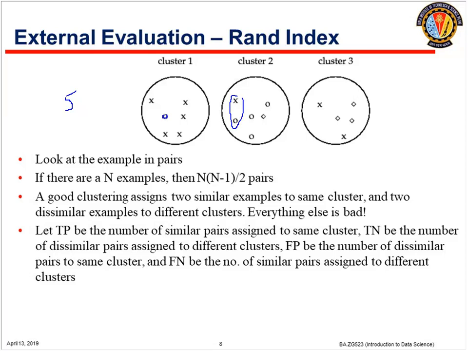So 5 with X. Then with diamond, you can create 4 more, right? So 5 plus 4 is 9. So 9 dissimilar pairs are there in cluster 2.